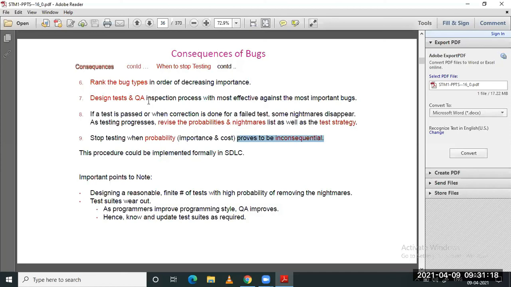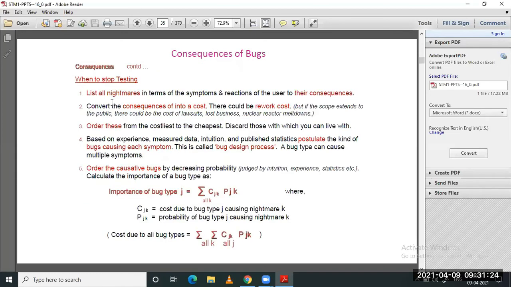So to stop testing, you follow all these nine steps. First, list all nightmares, then convert the consequences into a cost. Next, order these from costliest to cheapest. Next, based on experience, measured data, intuition, and published statistics, postulate the kind of bugs causing each symptom, that is, the bug design process.